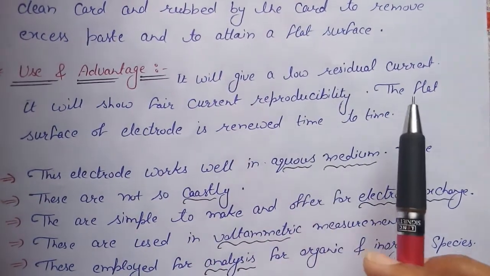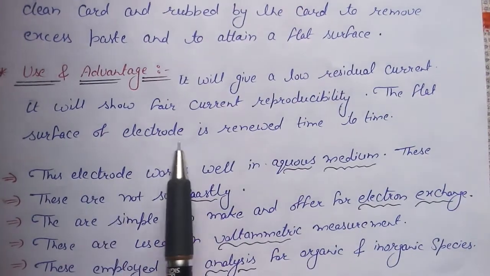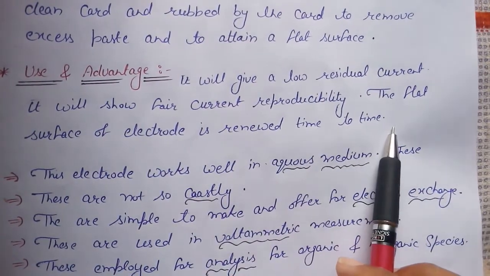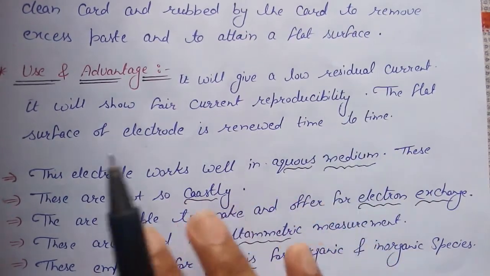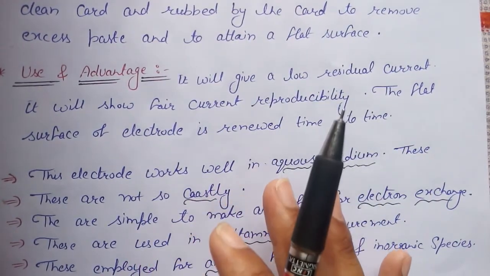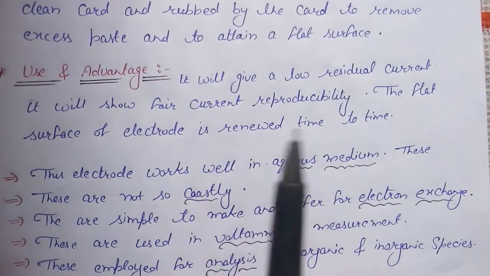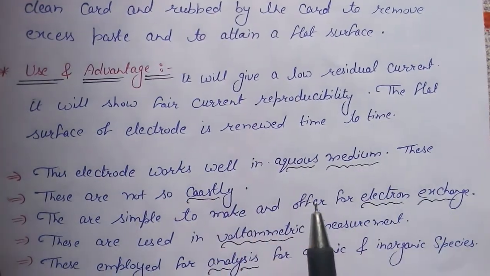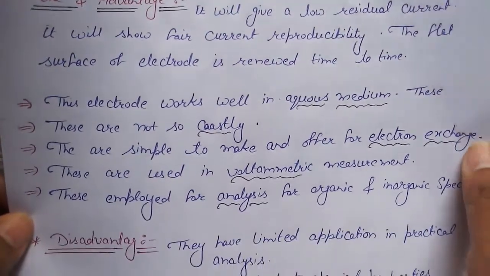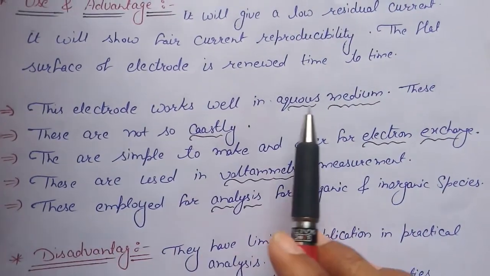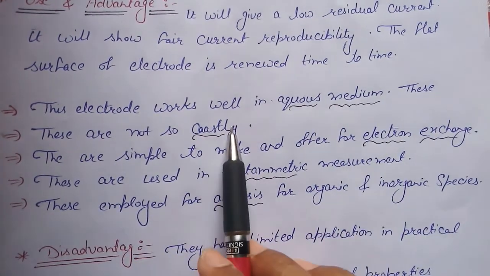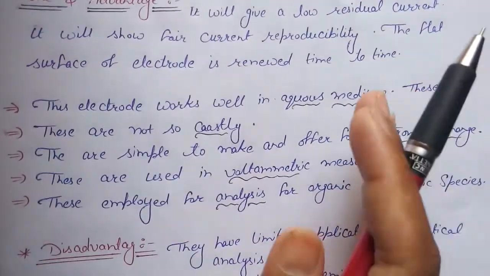The flat surface of the electrode is renewed from time to time, so we don't have a rough surface. This electrode works well in aqueous medium. These are not costly, so you can say they are cheap electrodes.